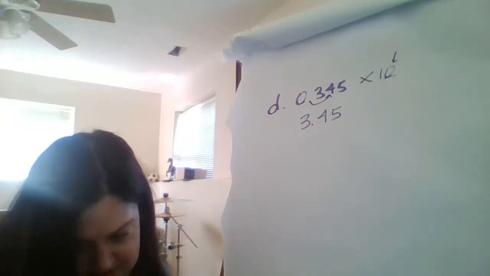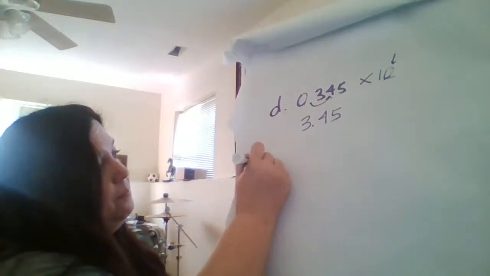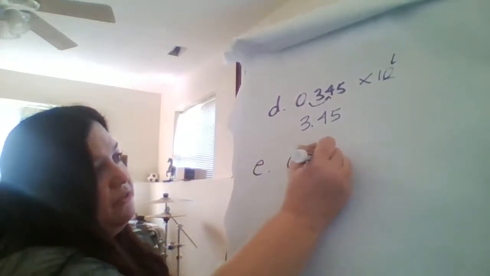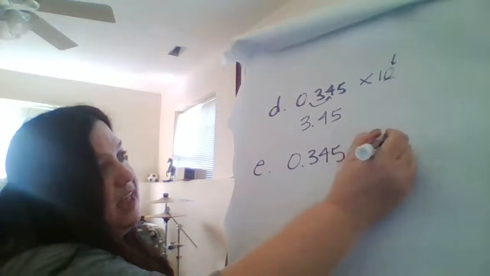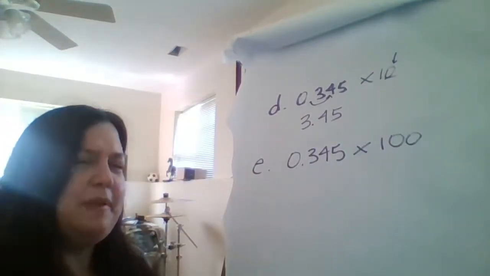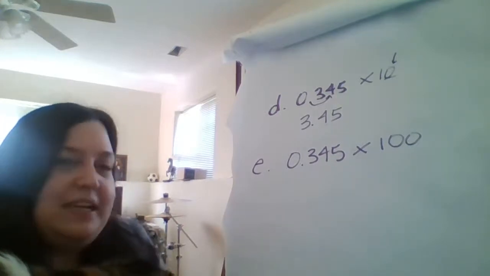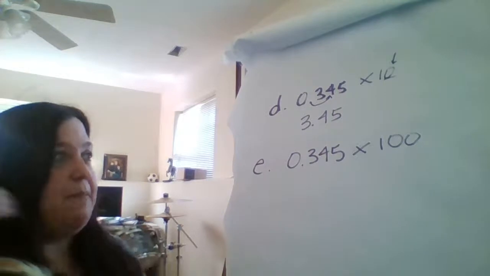Okay, let's look at E. Kitty's sitting right on it. It's the same number, 345 thousandths, but this time we're multiplying it by 100. How many zeros do we see, so we can move them?